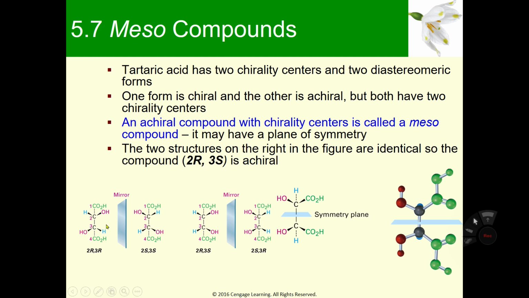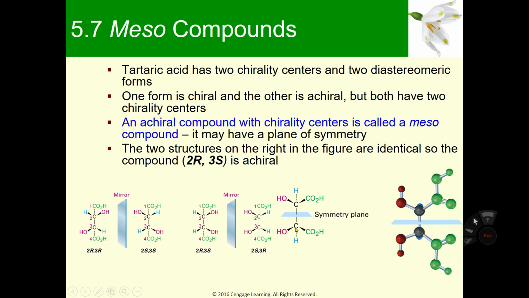So even if you have two chiral centers here, you have three isomers: one pair of enantiomers, and just one compound which is not optically active. This is not optically active, okay, because they are the same compound. They are not enantiomeric. The reason they can be overlapped with this mirror image is because they have an intramolecular symmetry plane here.